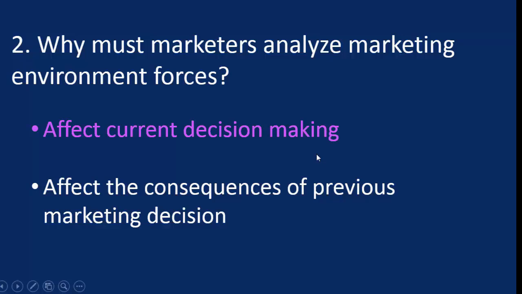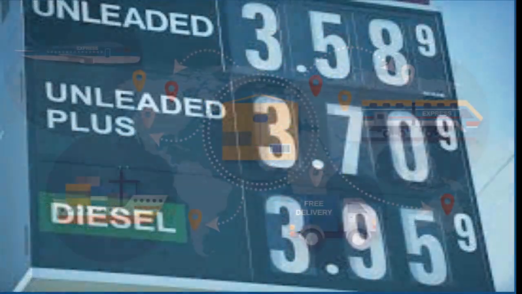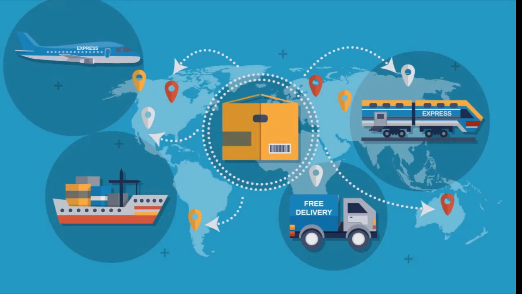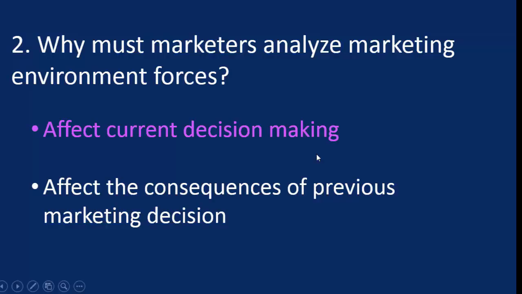Out there in the business world today, marketers are making lots of decisions that relate to the product area, to pricing, to physical distribution or to distribution, and to promotion. They're going on every day, all the time. The current forces in the marketing environment are having an impact on today's decisions.